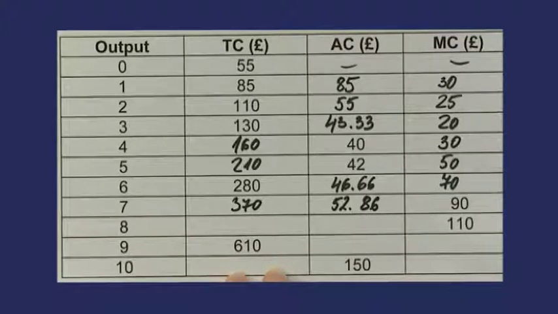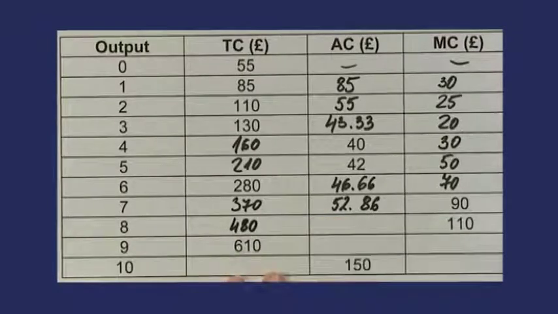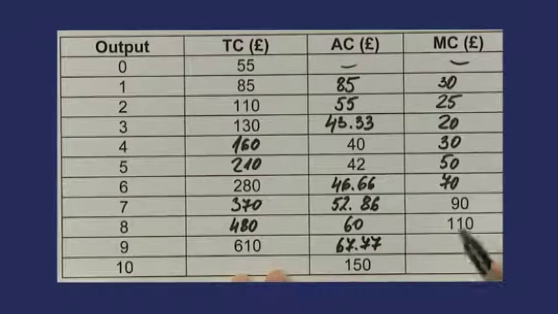When output is 8, we do identically the same, and we get total cost of 480 and average cost of 60. Now we're moving down to the output of 9 units, and we have total cost of 610. We divide it by 9, and we've got average cost of 67.77 and marginal cost, which is rising, of 130.